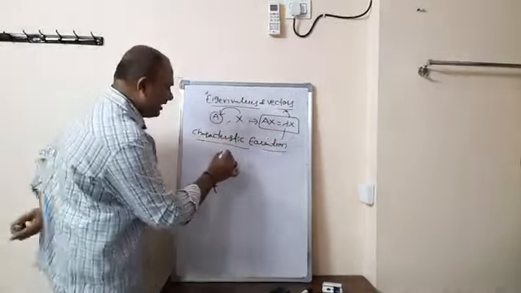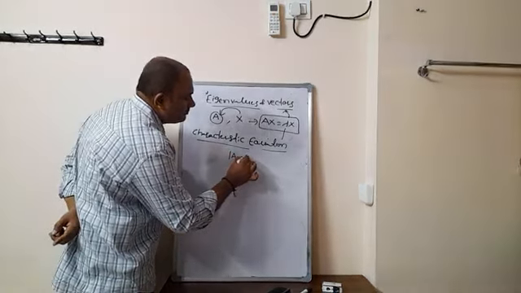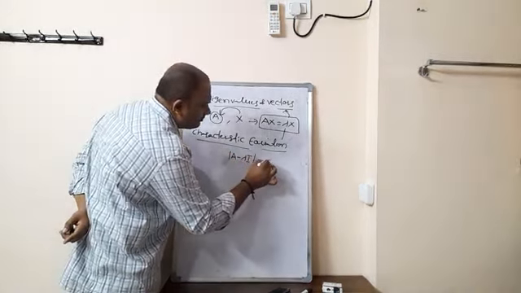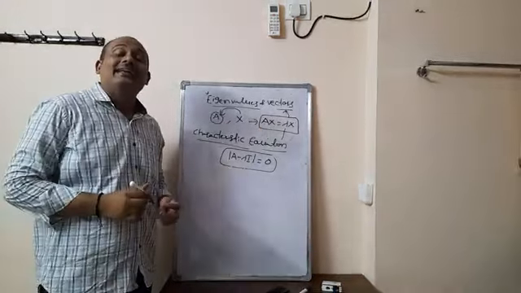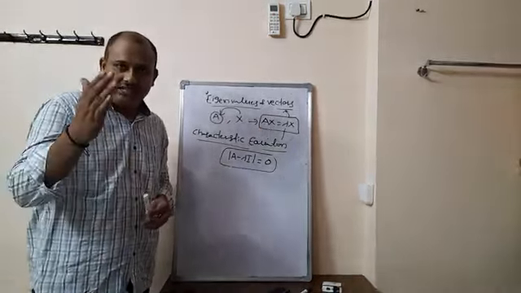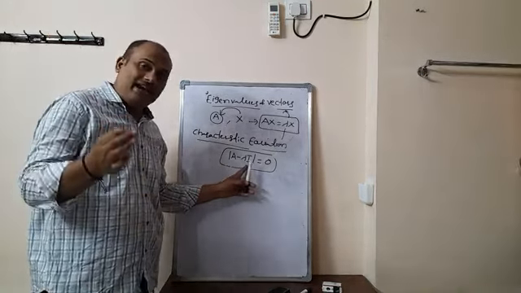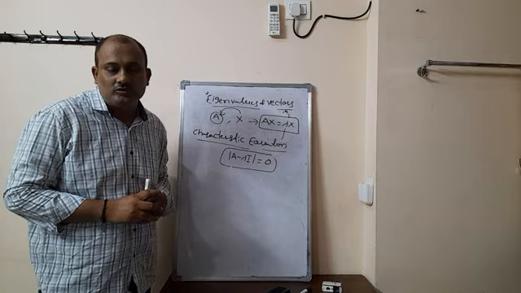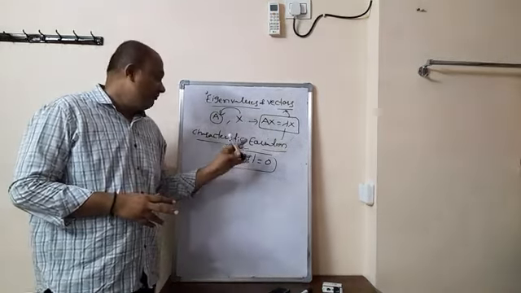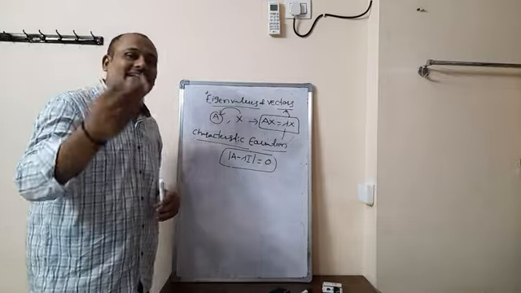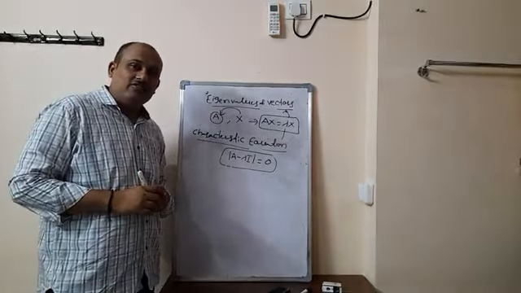Then the equation, the determinant of A minus lambda I equals 0, is called the characteristic equation.